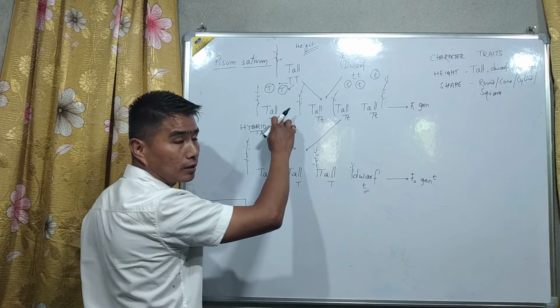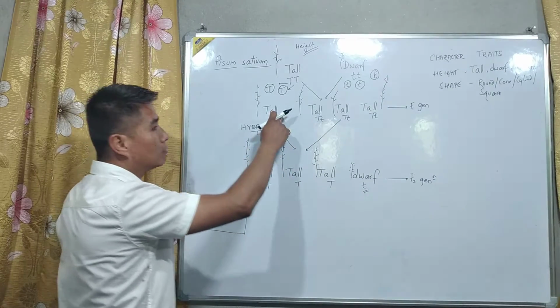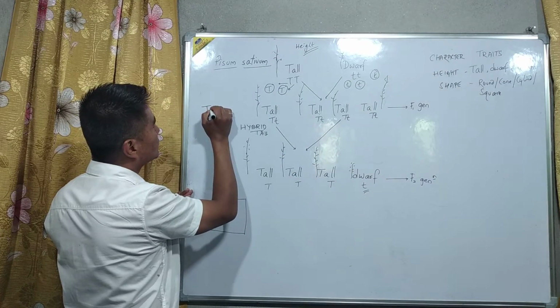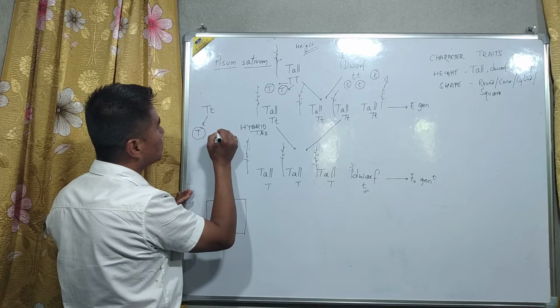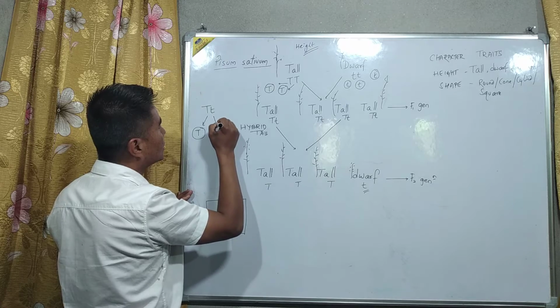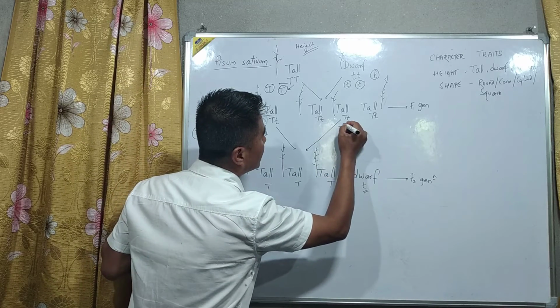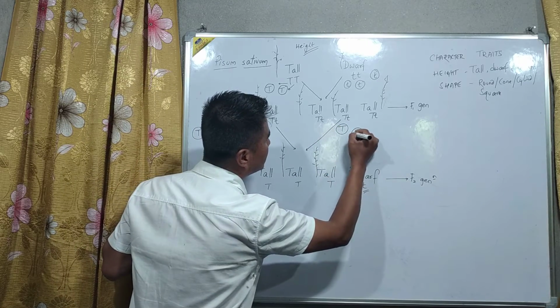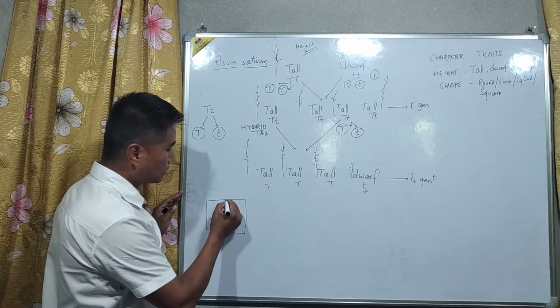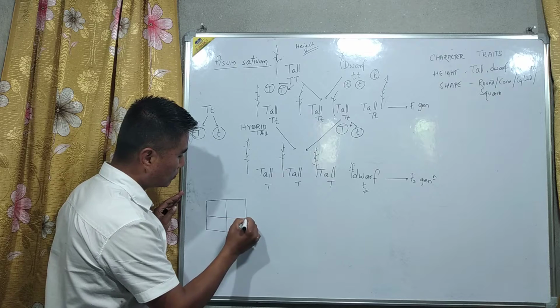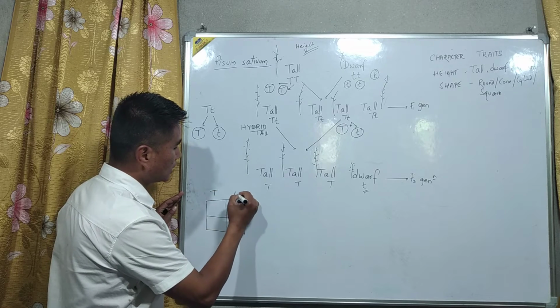Now this hybrid tall plant will make gametes. Capital T will come in one gamete, small t will go in another gamete. Likewise here also, capital T will go in one gamete, small t will go in another gamete. So that means we have a Punnett square, R. C. Punnett.